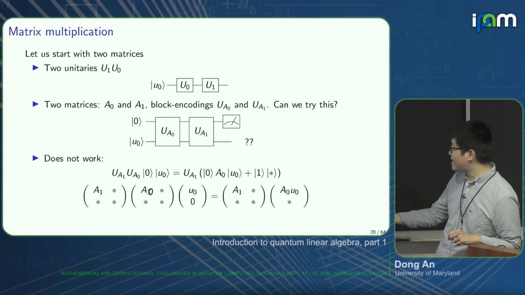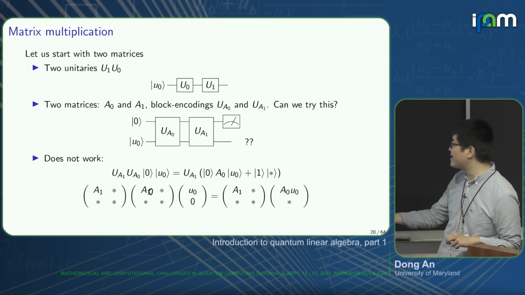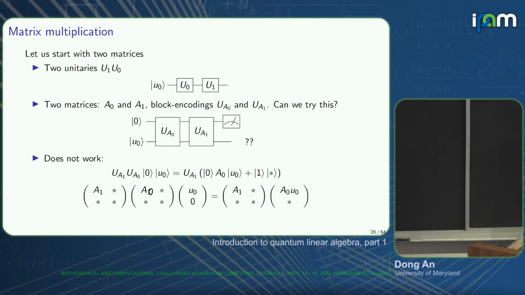What we will get is that for the first half, we get A0 times U0. But for the second half, we get this block acting on U0, which is some junk state. Here you can see that if we do the next computation, it will be A1 A0 U0 plus some other things that we don't know and we don't want. So this does not work.